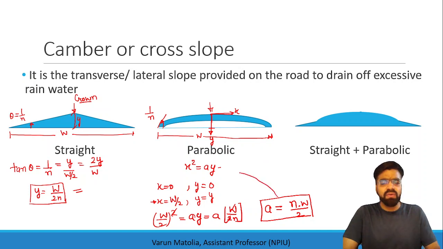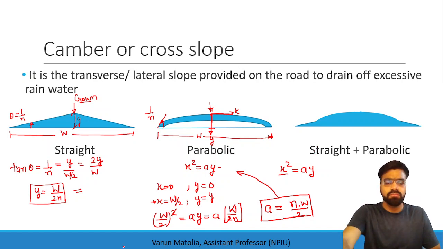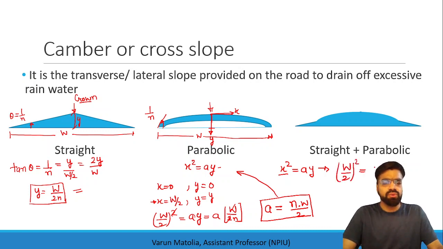Now replacing the value of this a in this equation, we can write x² equals a times y, which is (w/2)² equals n·w/2 multiplied by y.